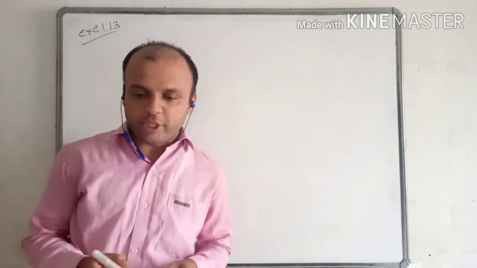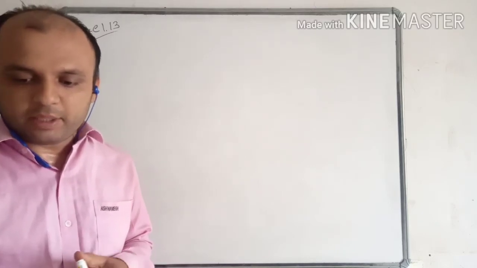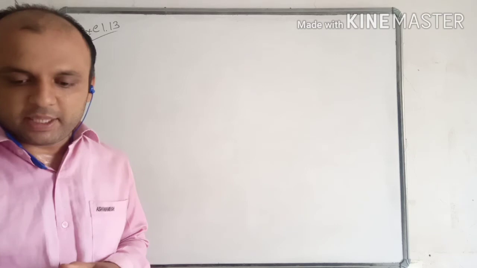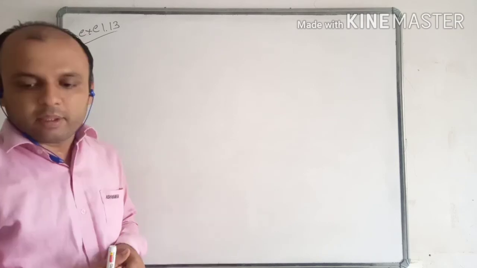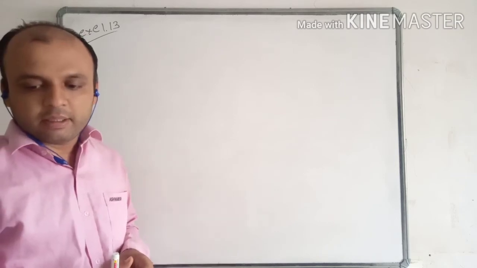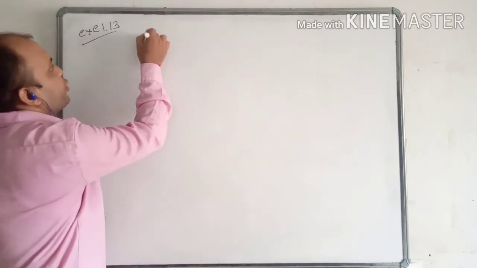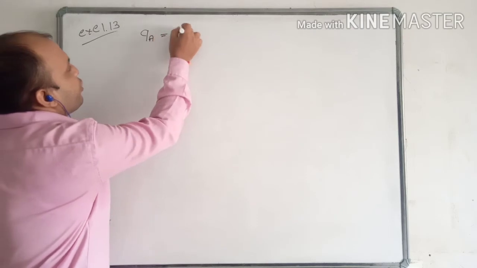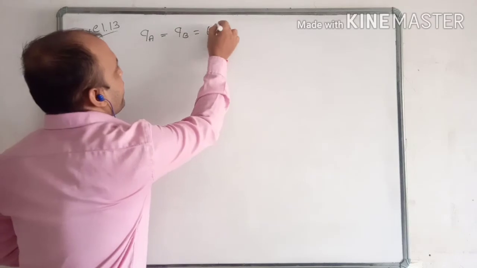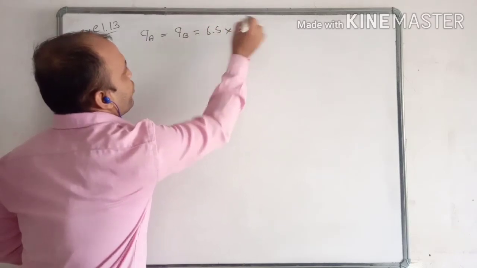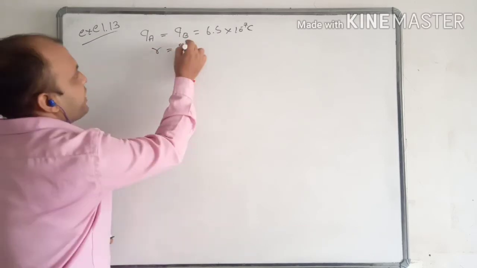In exercise 1.13, they give us two spheres A and B separated by 50 centimeter, with the same charges as in exercise 1.12, 6.5 into 10 raised to minus 7. Now here QA equal to QB, that is 6.5 into 10 raised to minus 7 coulomb, and the distance between them is 50 centimeter.